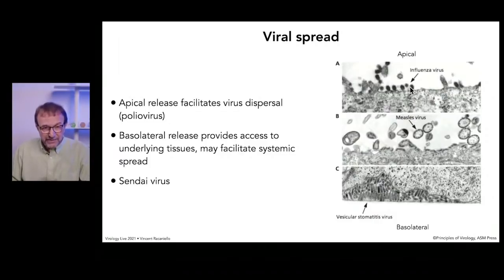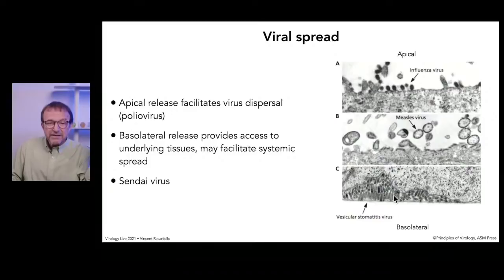So here's influenza virus, which is really good at spreading in respiratory droplets, right? Because it buds from the top of the cells. If it budded from the basolateral domain, it wouldn't be able to spread by respiratory droplets. Basolateral spread, here's measles virus budding from the apical domain. Also, poliovirus buds from the apical domain.